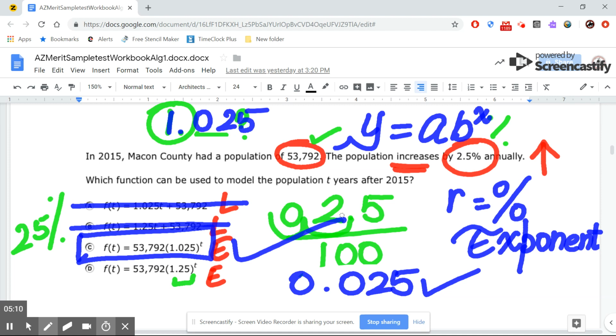They are not telling us to calculate anything, so it was pretty easy. But again, we have to be careful about how they are trying to trick us. The tricking is going on between C and D. If we are going way too fast on the test, we will pick 0.25 and feel okay, we must have gotten it right. So we have to be careful about changing the rate to a decimal and not make a mistake there.